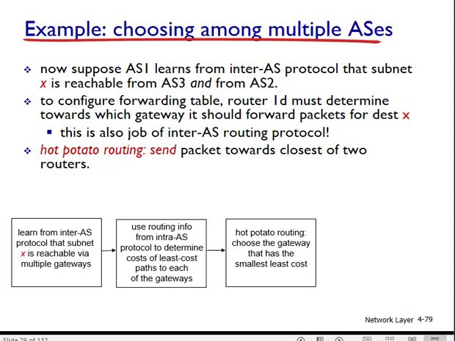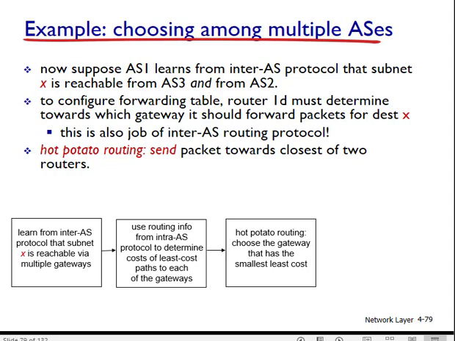The problem of scale is solved because an intra-autonomous system router need only know about the routers within its own autonomous system. The problem of administrative authority is solved since an organization can run whatever intra-autonomous system routing protocol it wants. However, each pair of connected autonomous systems needs to run the same inter-autonomous system routing protocol to exchange reachability information.